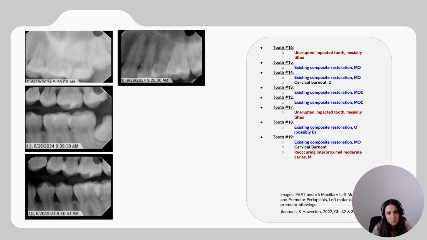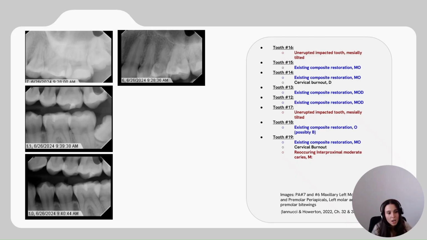For tooth number 14, there's existing composite restoration on the mesial and occlusal, and there's also a cervical burnout on the distal side, which can be misidentified as caries. For tooth number 13, there's existing composite restoration on the mesial, occlusal, and distal surfaces.